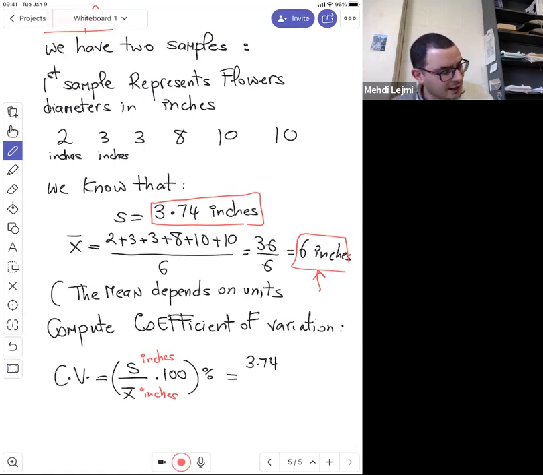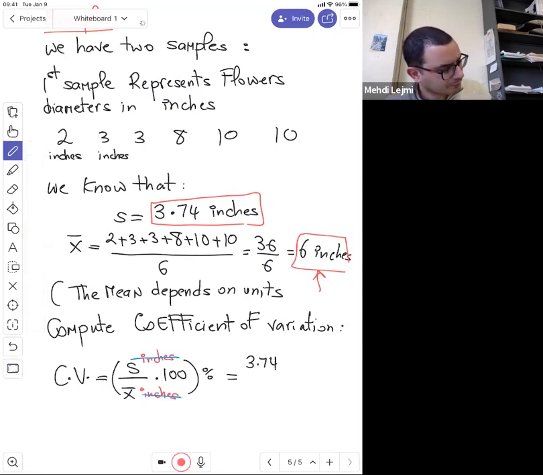So when you divide, the unit is gonna cancel out. So when you divide your standard deviation by the mean, you're gonna get rid of the unit. That's why the coefficient of variation is independent of units.